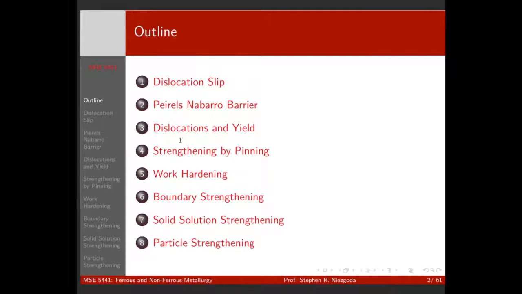Do we design for yield strength or ultimate tensile strength? Yield. You don't want your structures plastically flowing while you use them. You want them to not yield. So generally, we are trying to push the yield strength as high as possible while also maintaining some ductility.